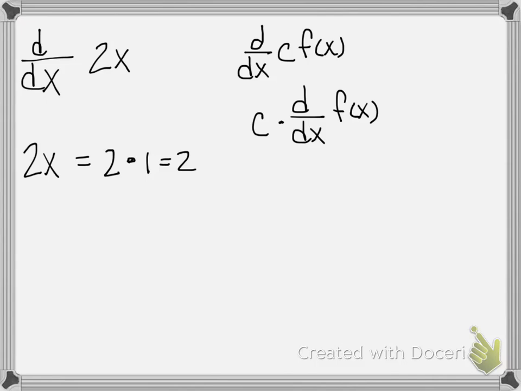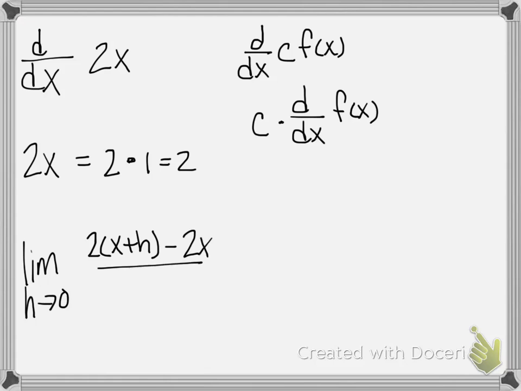Alright, so now just going through and doing the limit definition. The limit as h goes to 0 of our 2, and this is going to be our f of x plus h, so we say 2 times x plus h, minus our f of x, all over h.